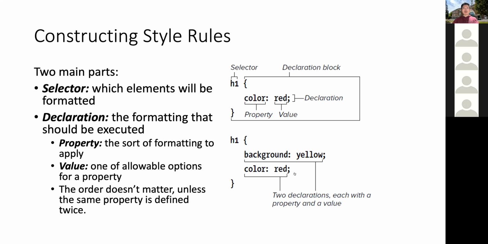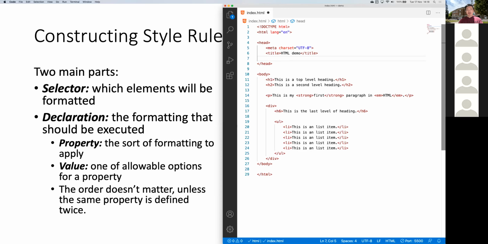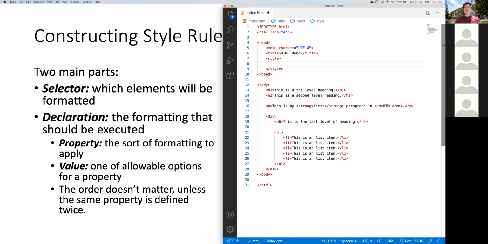Okay, so I'm going to just do that now. We said you can create an external CSS file and link to the HTML. But here, just to simplify things, I can add the style to my HTML file. You do this by using the style tag.